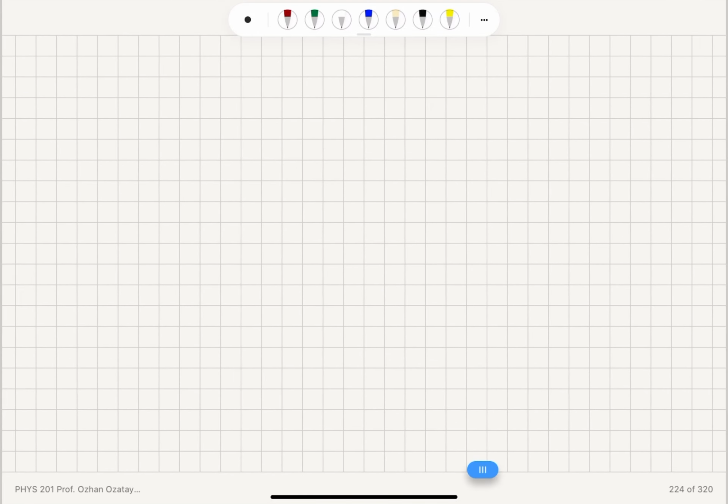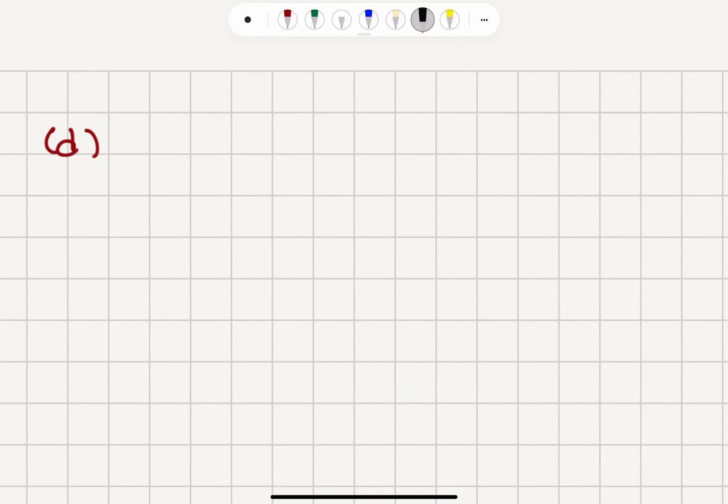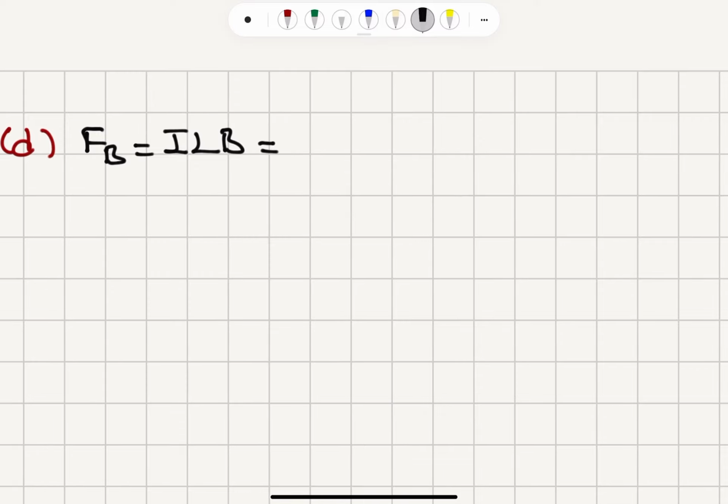So in part D, my equilibrium condition: the magnetic force FB is equal to ILB, because L and B vectors are perpendicular, is the weight of the bar, rho pi R squared L g, plus the extra weight, W extra.